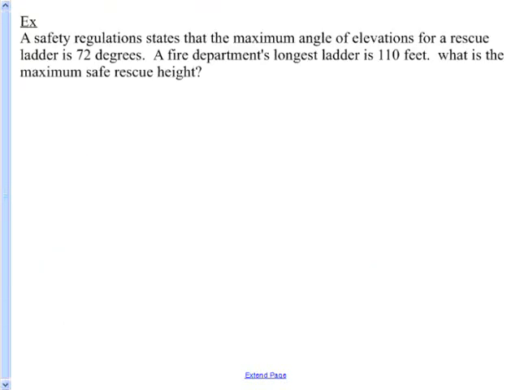All right, let's do an application here. A safety regulation states that the maximum angle of elevation for a rescue ladder is 72 degrees. The fire department's longest ladder is 110 feet. What's the maximum safe rescue height? Let's make this visual. We always like to be visual, right? So we've got our ground here, and we've got this building that goes up here.